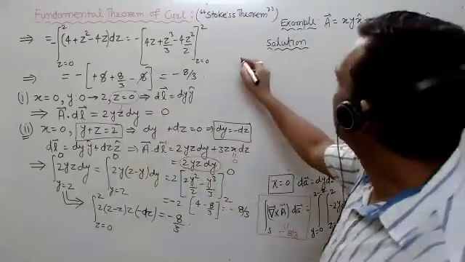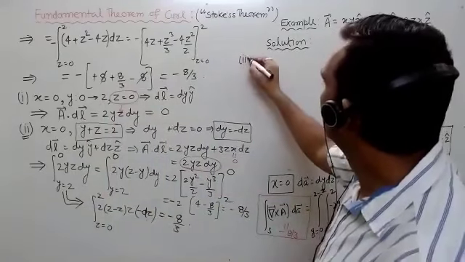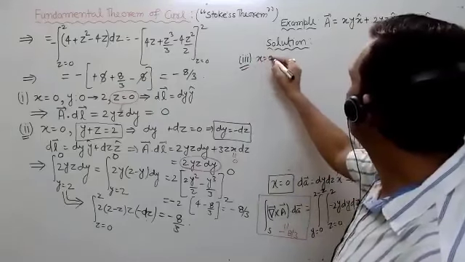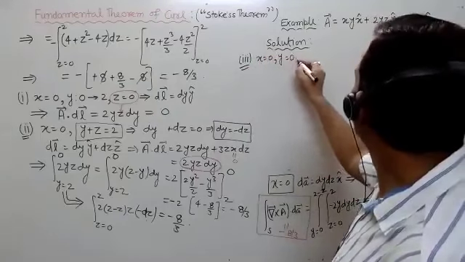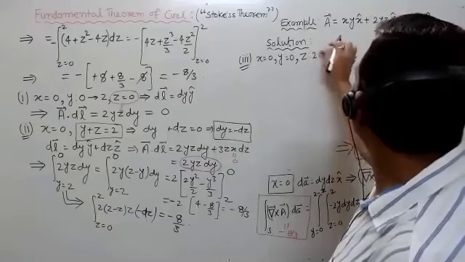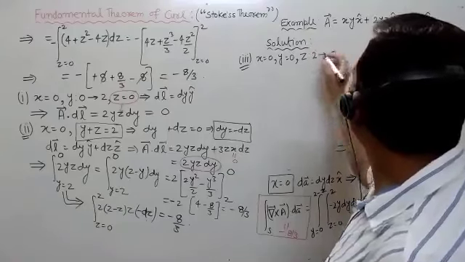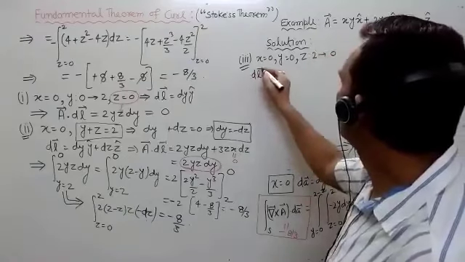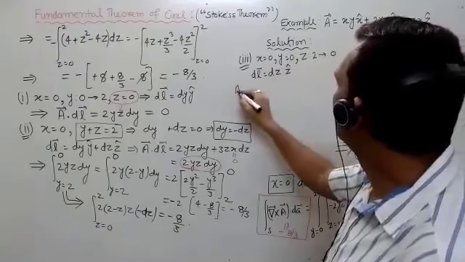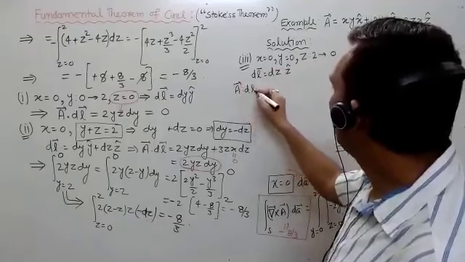So segment 3. Segment 3 is again x is equal to 0, y is equal to 0, z varies from 2 to, now z varies from 2 to 0. So dl is dz z cap. So what will be a dot dl?